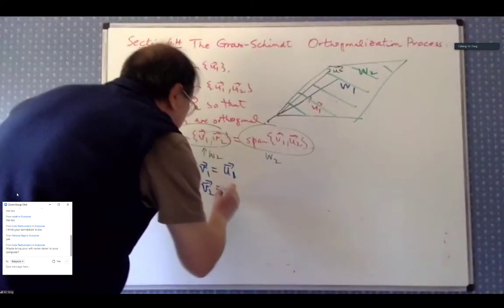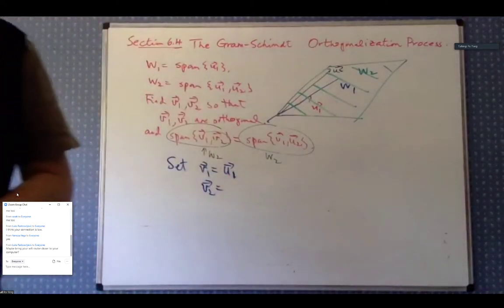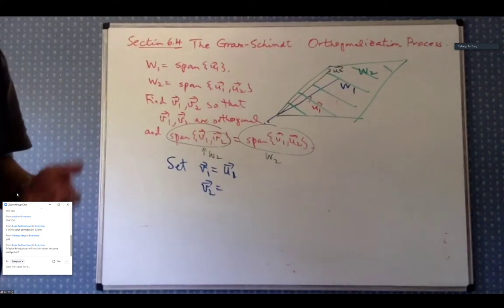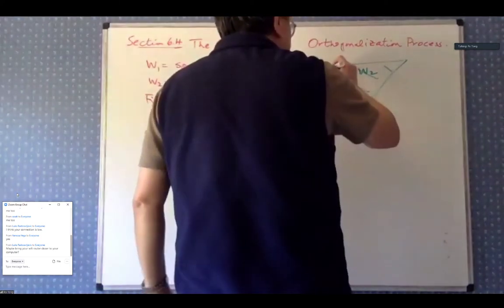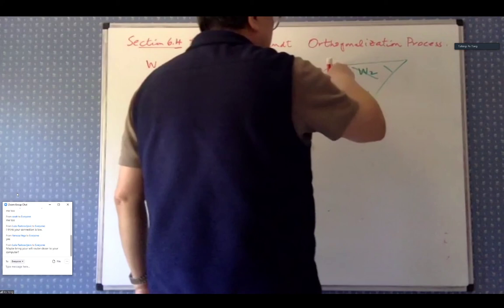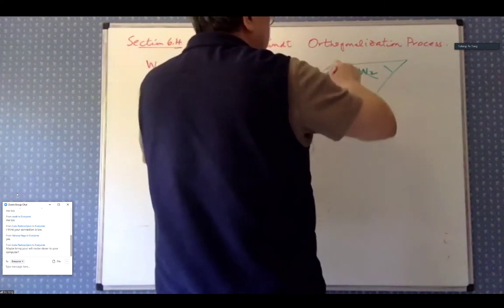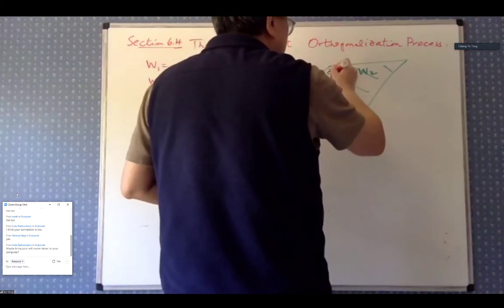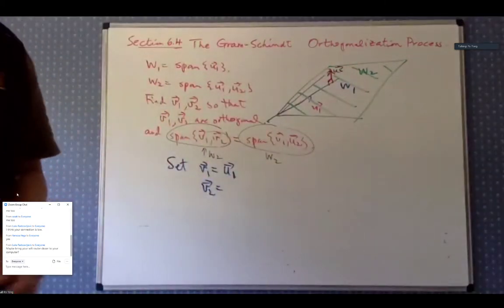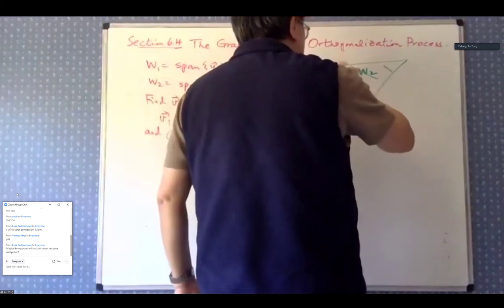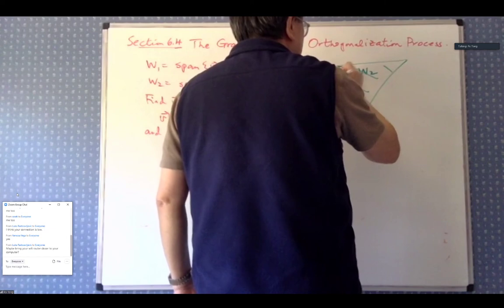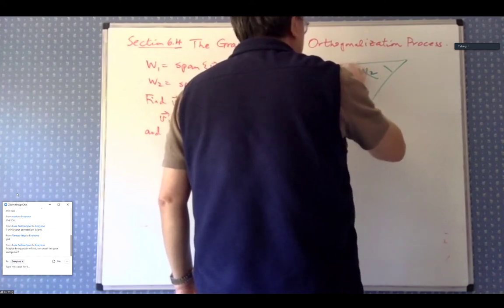We talk about projecting this guy onto U1, doing this projection here. So this one is perpendicular now, and this vector here, the one we talked about earlier, should be our V2.